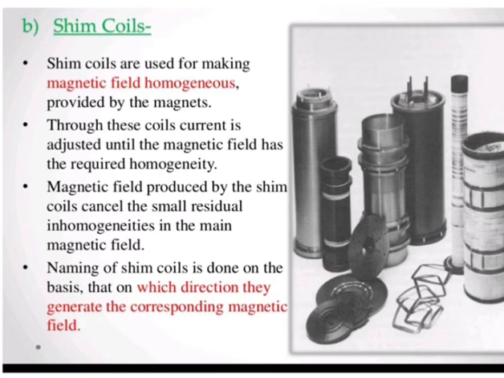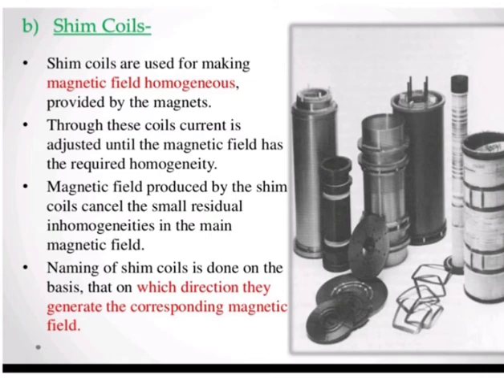Then Shim coils, see, these are the Shim coils in this diagram. And the Shim coils are used for making the magnetic field homogeneous. Means simply Shim coils convert the field into a homogeneous form. Through these coils, current is adjusted until the magnetic field has the required homogeneity.